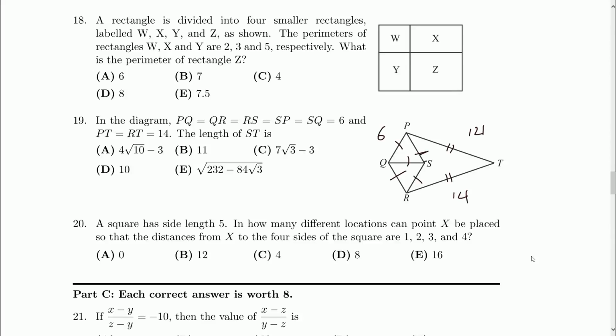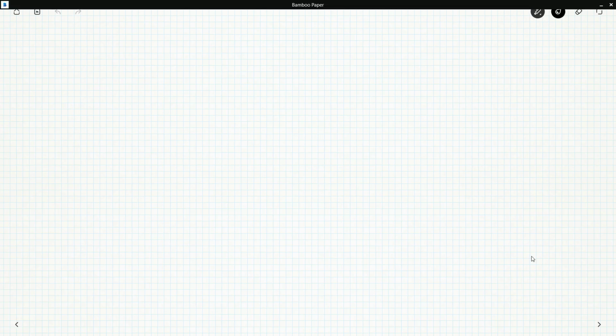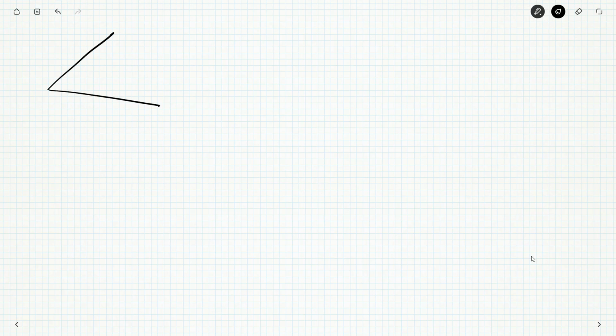The length of ST is... Well, we've got some numbers. We have a whole lot of information. I'm really liking the picture here. It's kind of lopsided. Draw a better one.